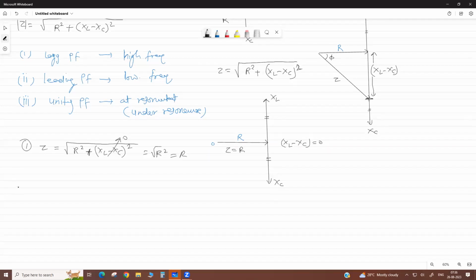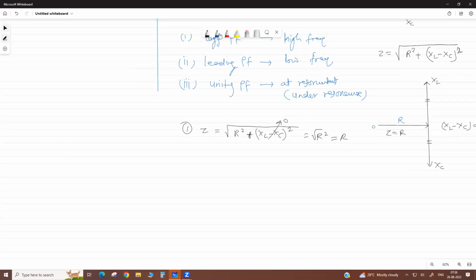Okay. So under resonance, please, it is very important. I here cover the resonance condition also. That is called resonance in a series circuit, RLC series circuit. Okay. So now we are discussing this under resonance condition. Impedance is only circuit impedance.